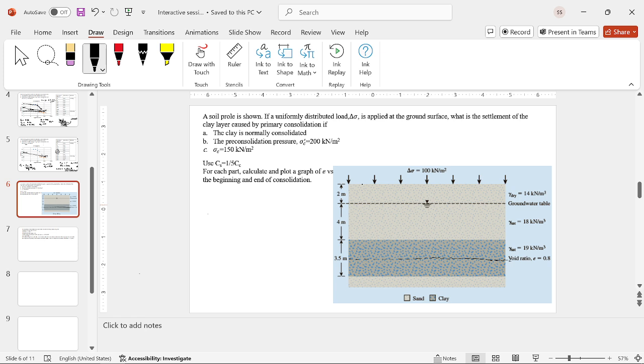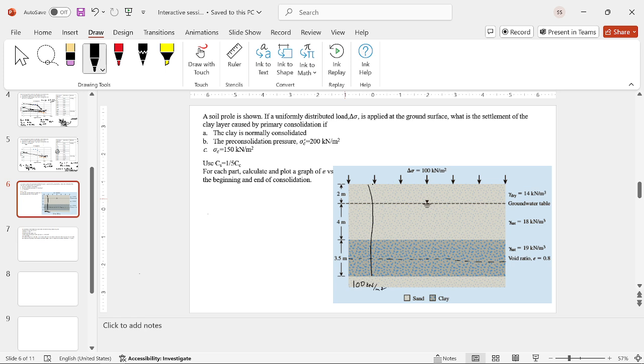We will try to draw a better diagram, and then we will have 100 kilonewton per meter square, isn't it?